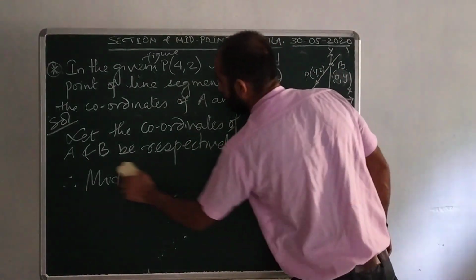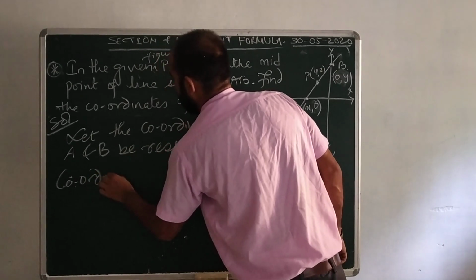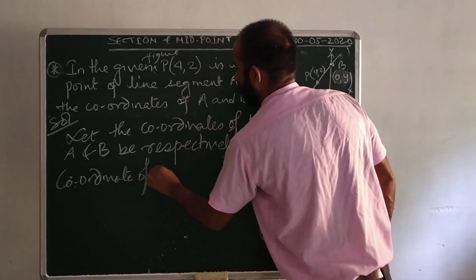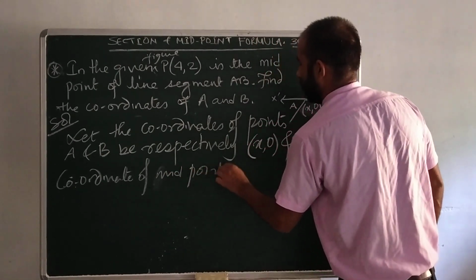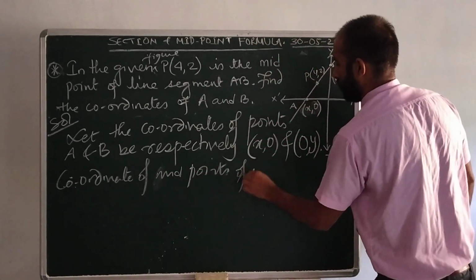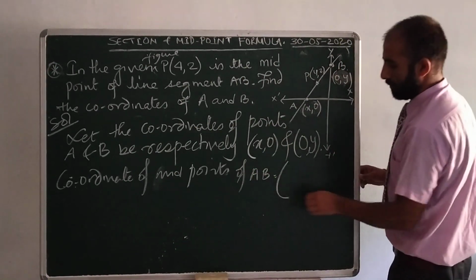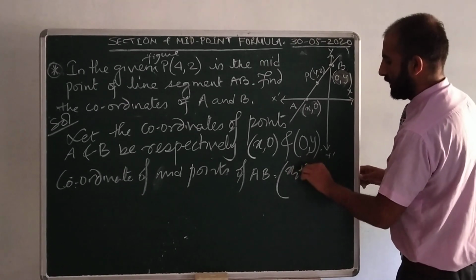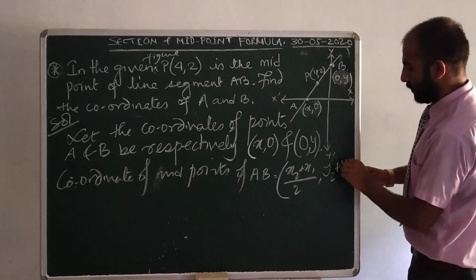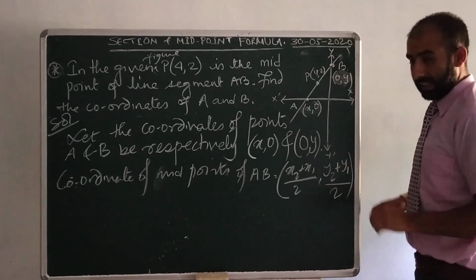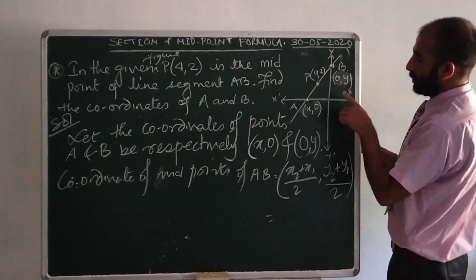Okay, let me write the coordinate of the midpoint of AB. We know (x2 plus x1) by 2 and (y2 plus y1) by 2. Let's see what it will be.